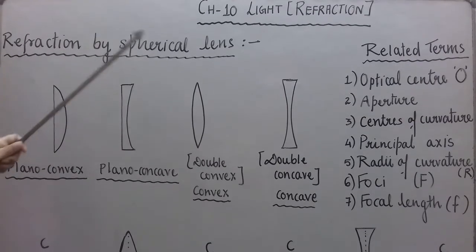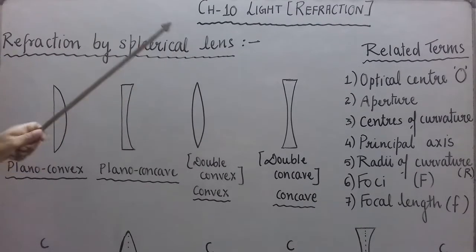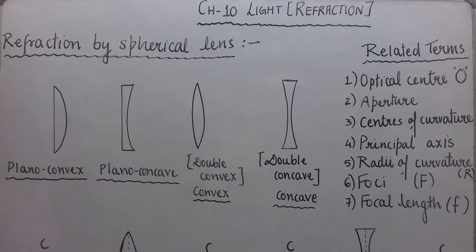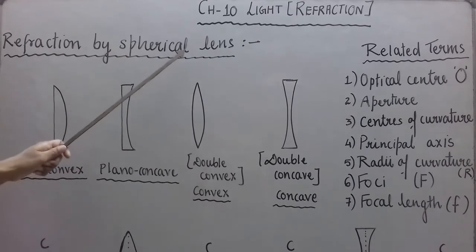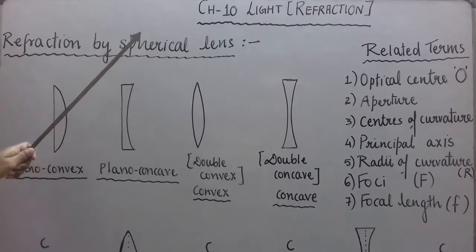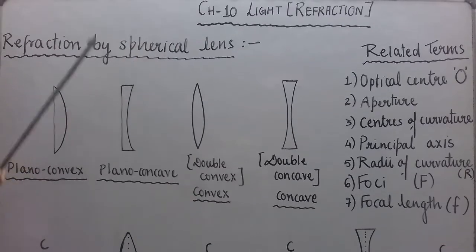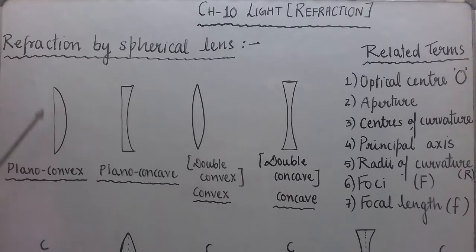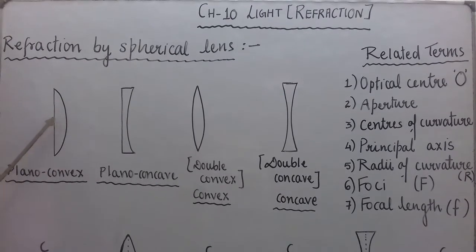So here, let us see first of all what is lens. Lens is a transparent material bounded by two surfaces, at least one of which is spherical. You can see here, this thing made up of glass is bounded by two surfaces.